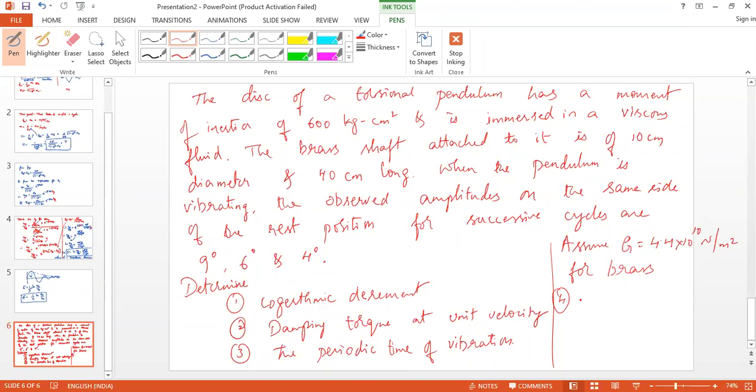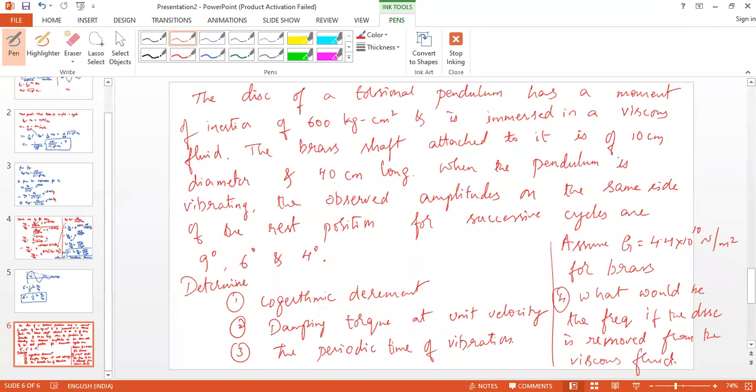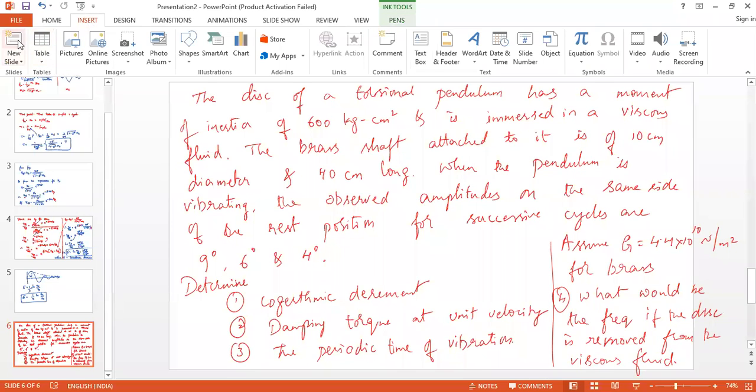And number 4, what would be the frequency if the disc is removed from the viscous fluid? Okay, we need to find all these things.